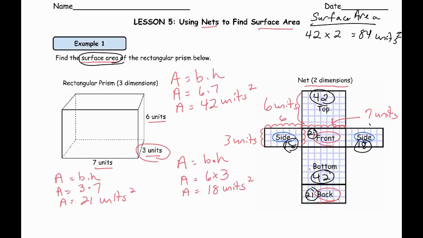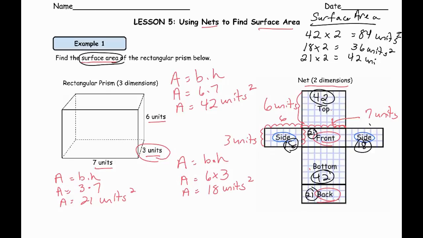And then we have our two sides that are 18. So 2 of those are worth 36 units squared. And then we have our front, which is the same as our back, and those are both 21. So we have 21 times 2, which is 42 units squared.